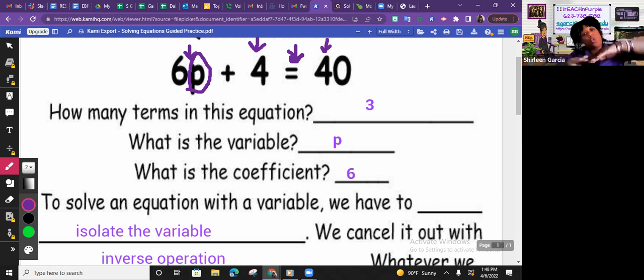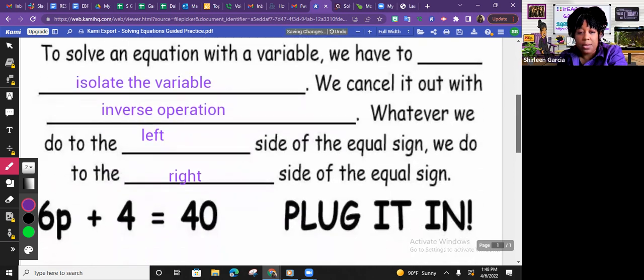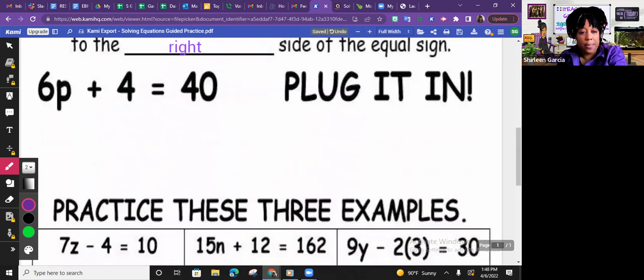You want your equation to stay balanced. So whatever you do on one side of the equal sign, you have to do the same exact thing to the other side of the equal sign. So you took away 4 on this side, you have to take away 4 on this side. I should have just done it down here so you can see.